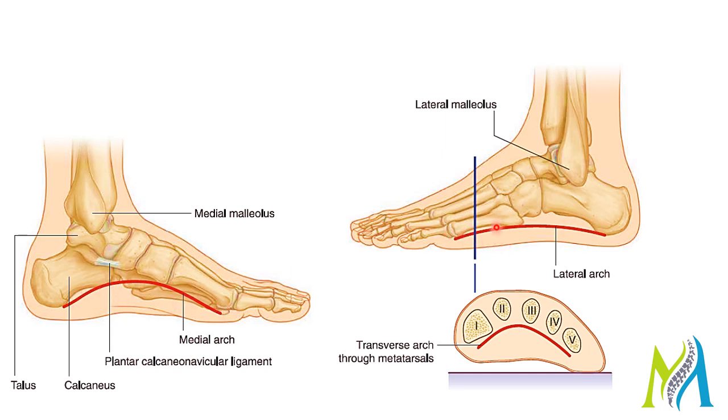Now there is a more shallow one on the lateral side, and this is again formed by bones here: the calcaneum, the 5th metatarsal, and some cuneiforms. Again, there are some ligaments and muscles supporting this.